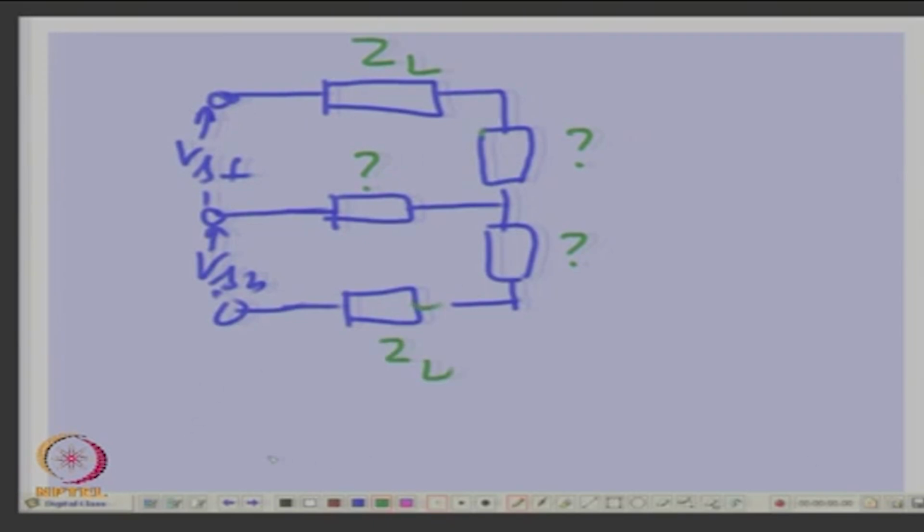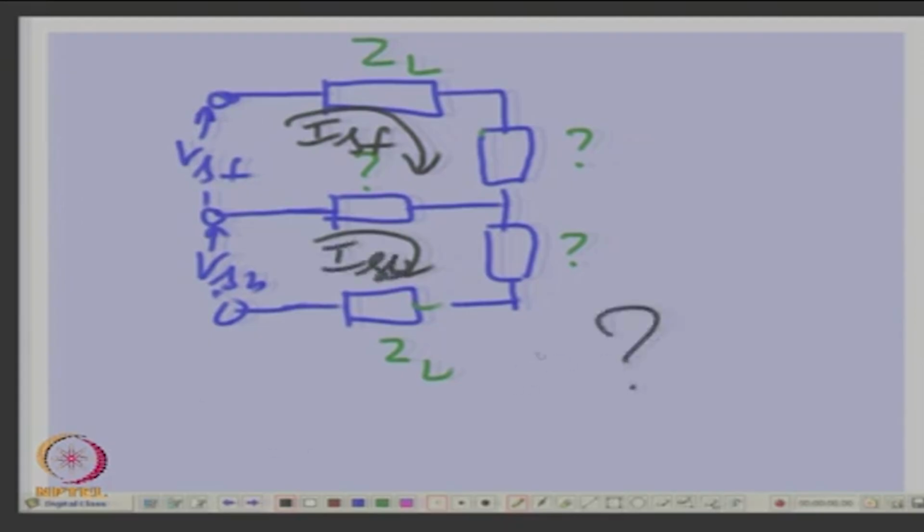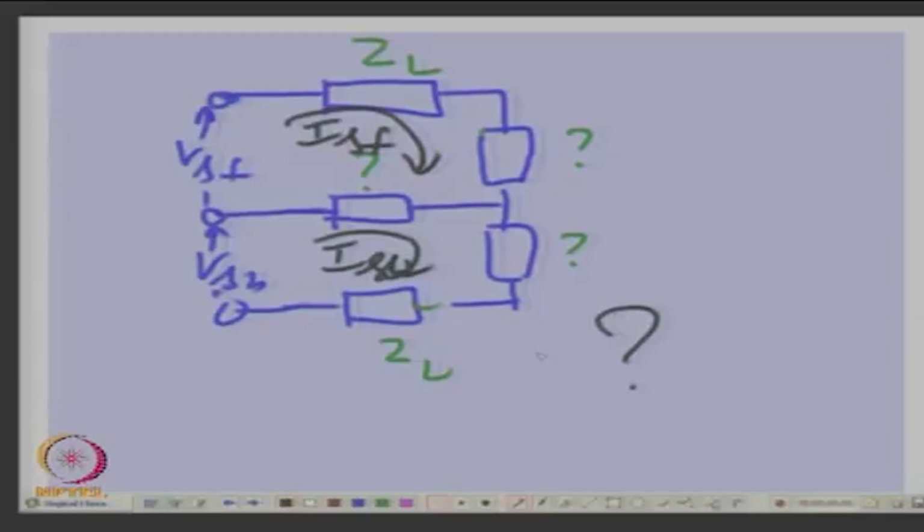Because when you have that 2 by 2 matrix, you can easily write the loop equation, and this will be ISF and this will be ISB. So, this is the one you have to derive and bring the solution in the next class. We will close it here, and now you can see what is the new ZF and what is the old ZF which we had defined. We will close it here.